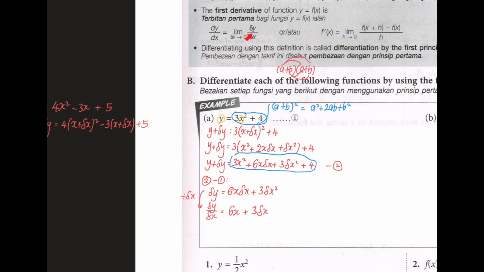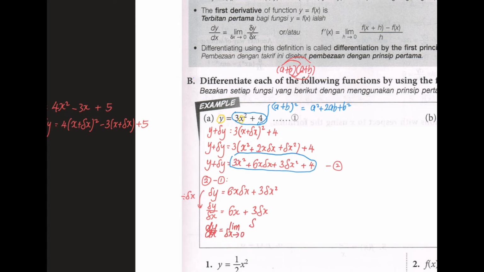Now, once you get delta y over delta x, we want to find the first derivative, we want to find dy dx. So we use this formula now. Let me write down the formula. You want to find dy over dx, we use this formula.